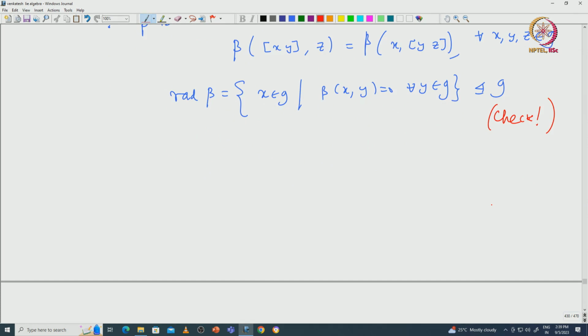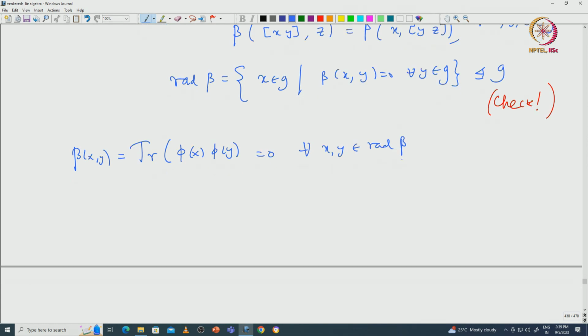So, the elements of the radical satisfy the following property: the trace of pi(x) pi(y), which is nothing but beta(x, y), is 0 for all x, y inside the radical of beta.